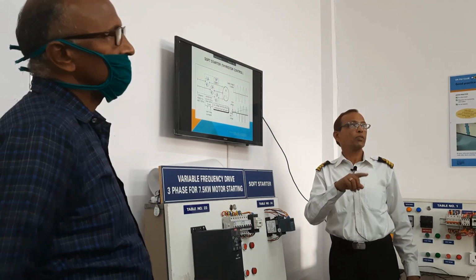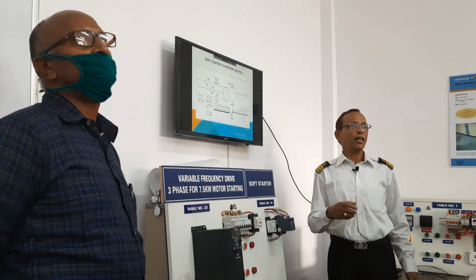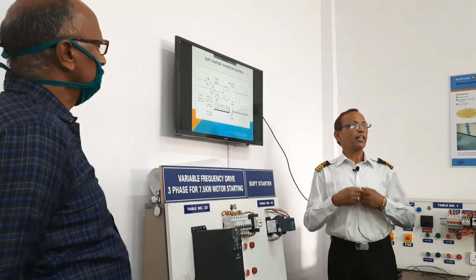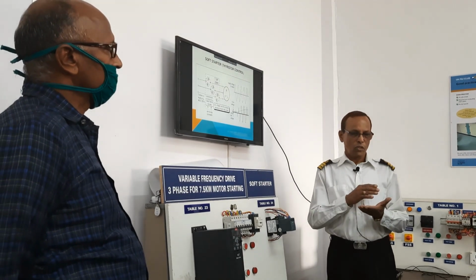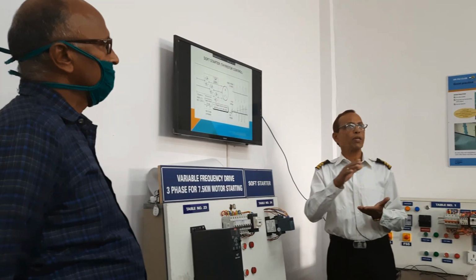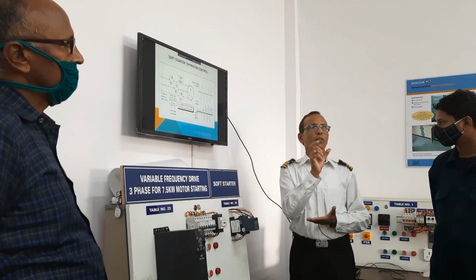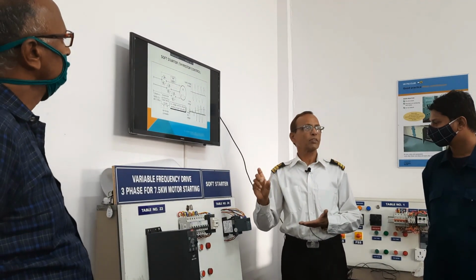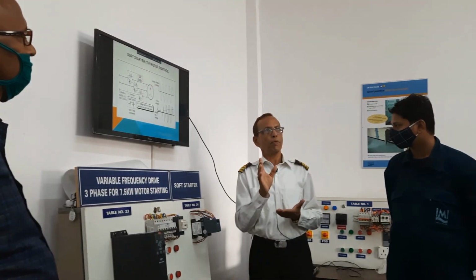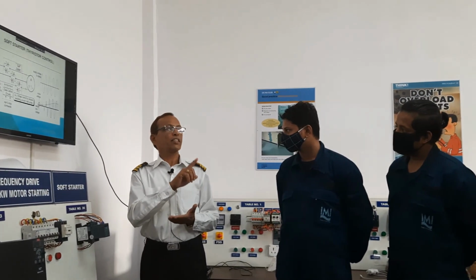When you start direct, you start straight away, but this slowly ramps. We decide within how much time it should ramp, and when it is getting full load, then we can cut it off.